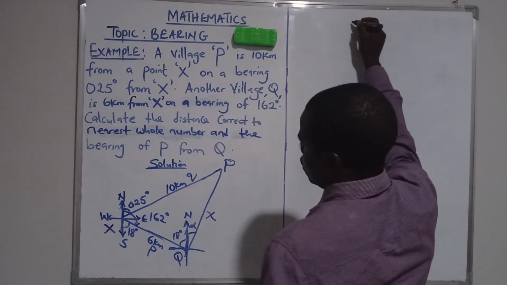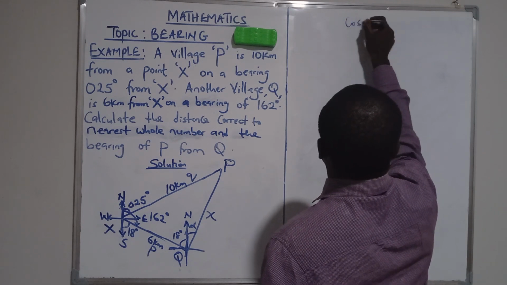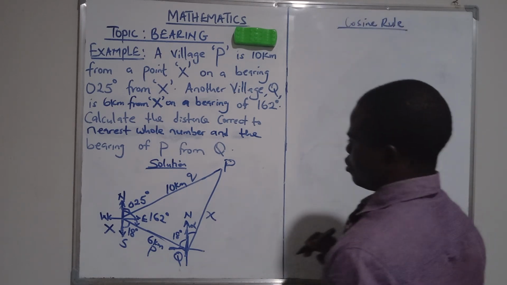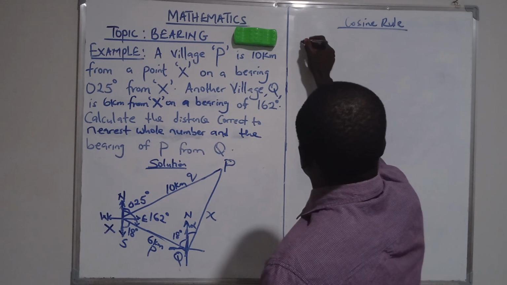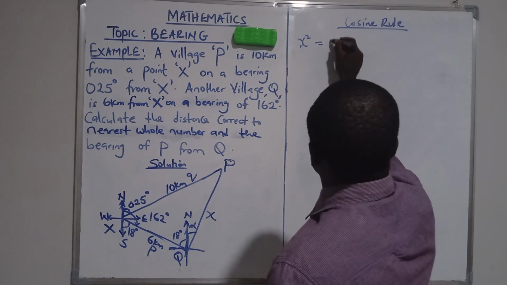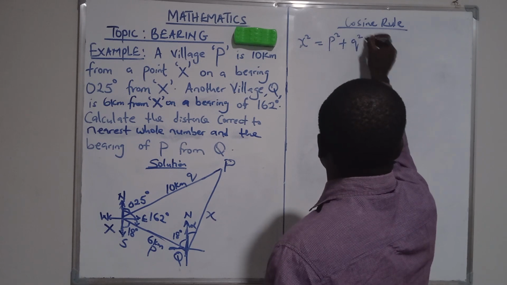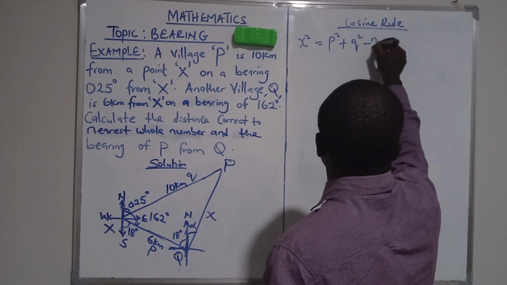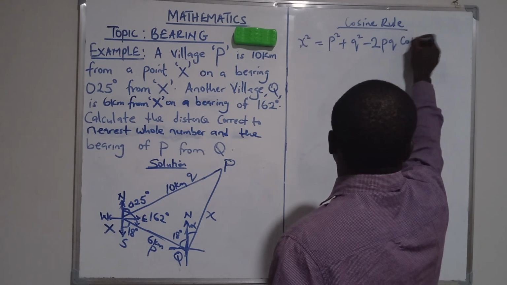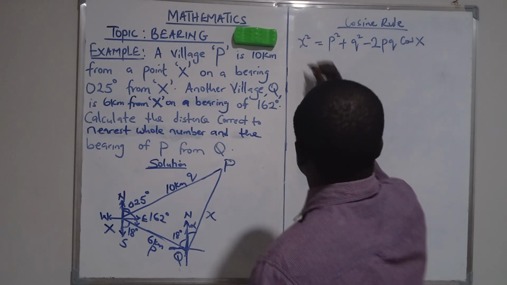Cosine rule. In our cosine rule, we say x squared, the side we are looking for, equals the sum of the squares of the two other sides, minus 2, which is a constant, times p q cos of the angle facing the side you are looking for.